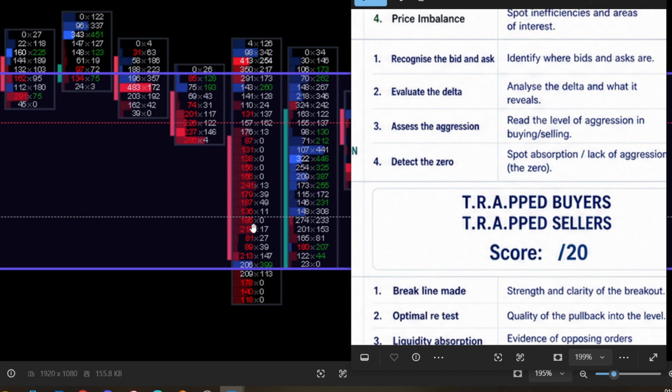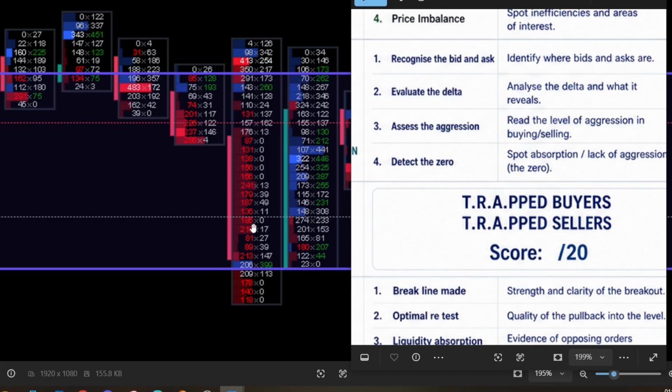I'm going to say that this particular price is saying that sellers are more aggressive. Why is that? Because there were no orders executed on the ask.